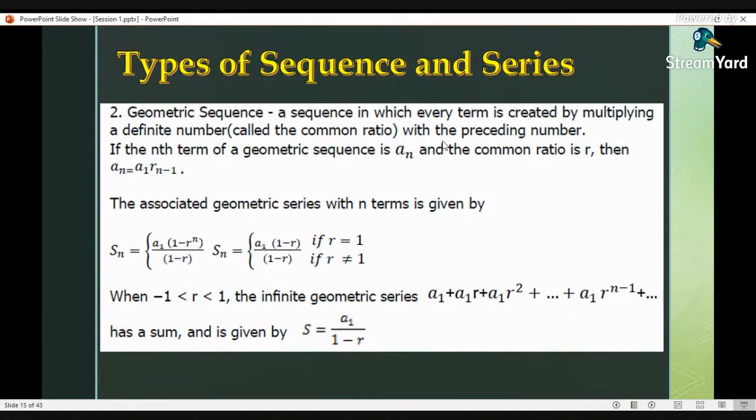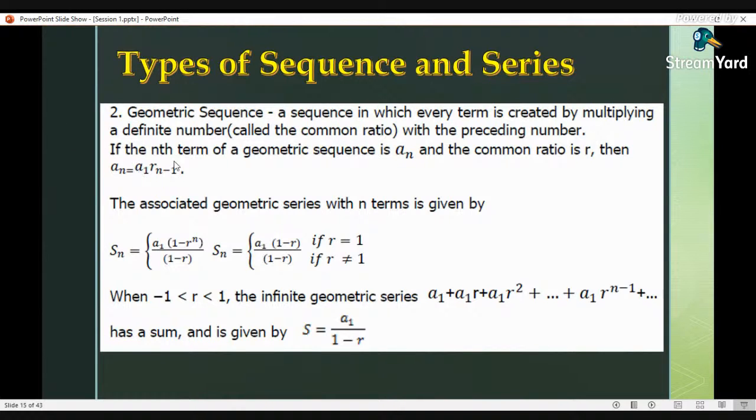So the difference between a geometric sequence and an arithmetic sequence is that for arithmetic sequence, we consider the common difference, but for the geometric sequence, we consider the common ratio. Usually, for the arithmetic sequence, we add the common difference, but for the geometric sequence, we multiply the common ratio.